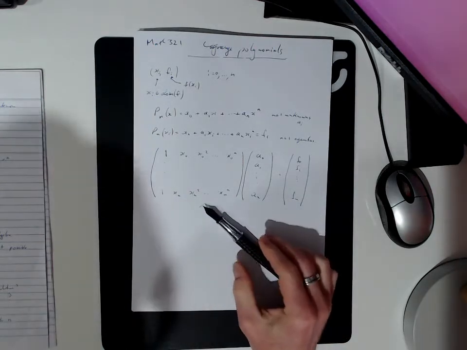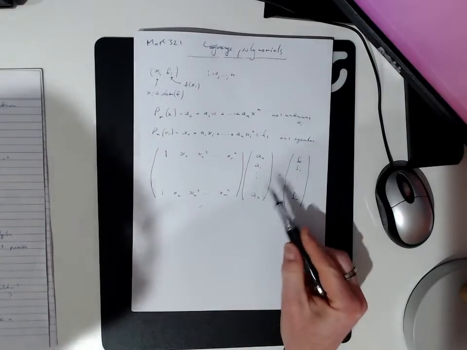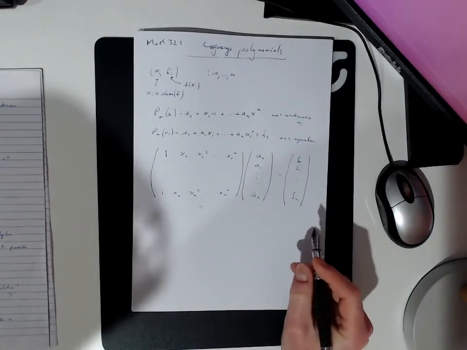So finding the a_i's then is a matter of solving this system of equations, which you should know from linear algebra.